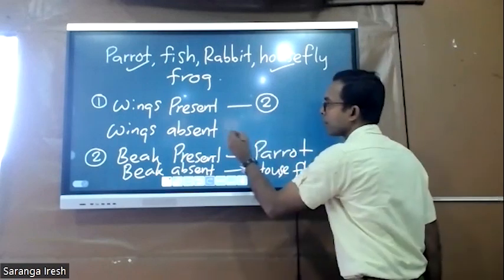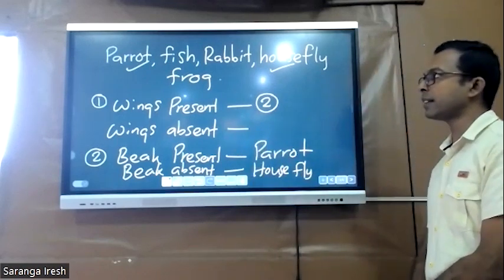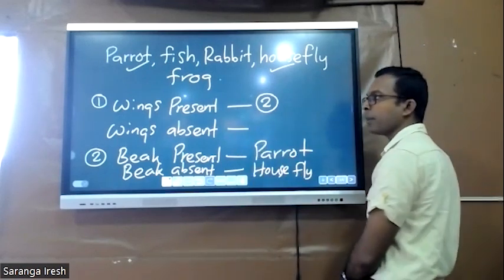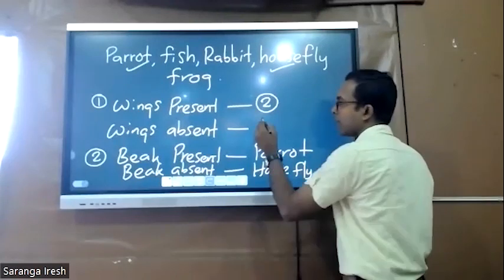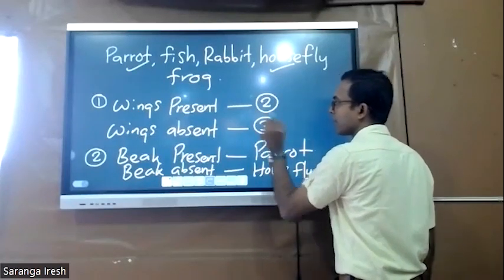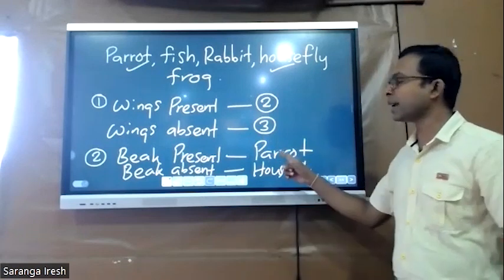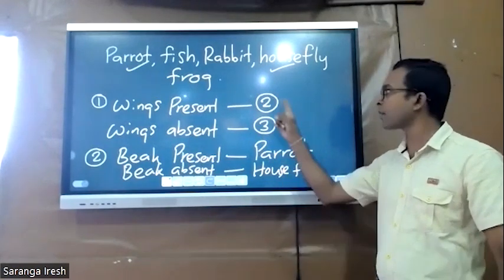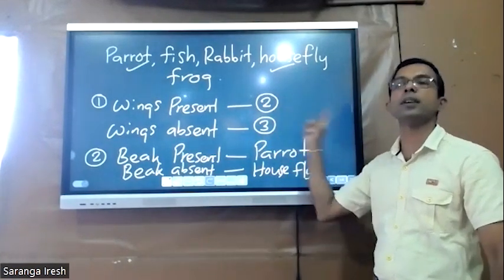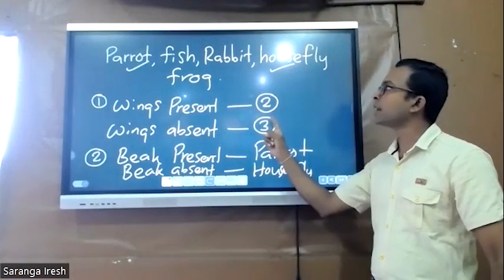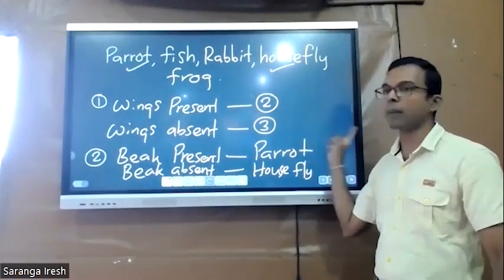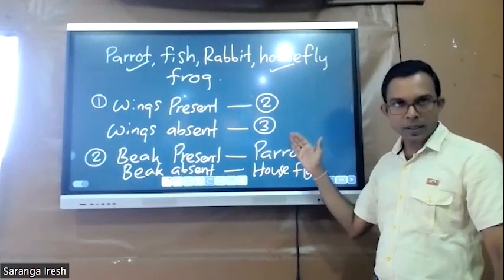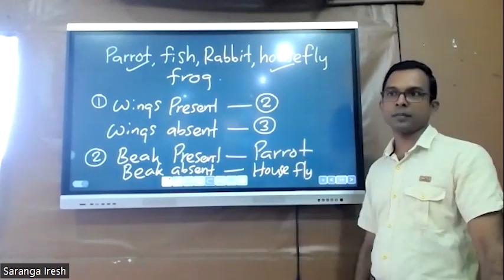Then I select the wings absent row. What is the number? Number 3. Remember, without selecting a single organism, I don't have the right to write the list of organisms here. I can't write wings absent: fish, rabbit, and frog. I have to classify it in another number.